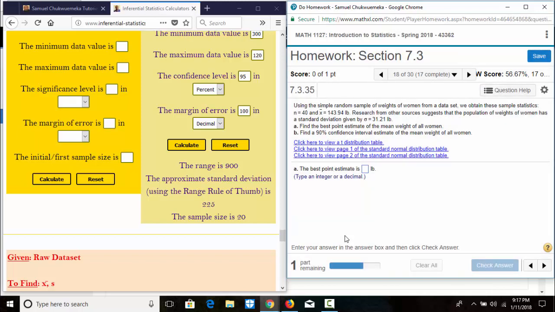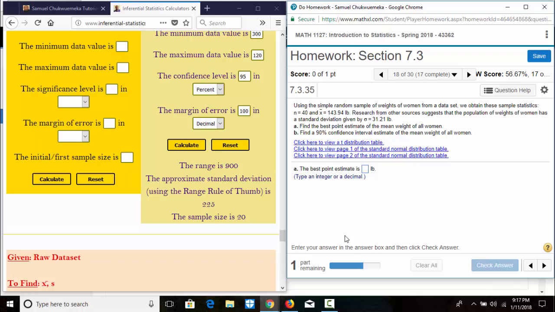Question 18. Using the simple random sample of weights of women from a data set, we obtain these sample statistics. Research from other sources suggests that the population of weights of women has a standard deviation given by, they gave us the standard deviation.